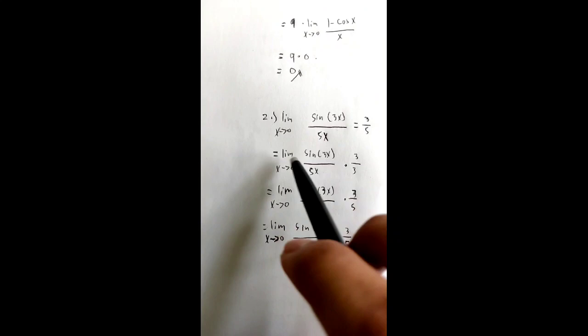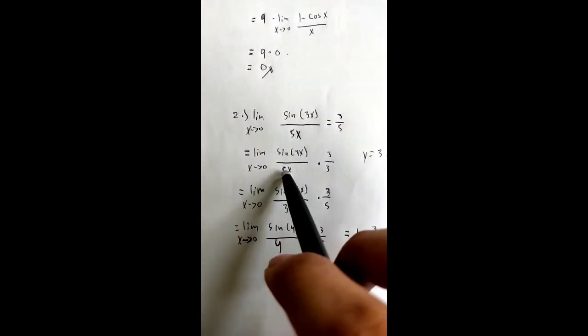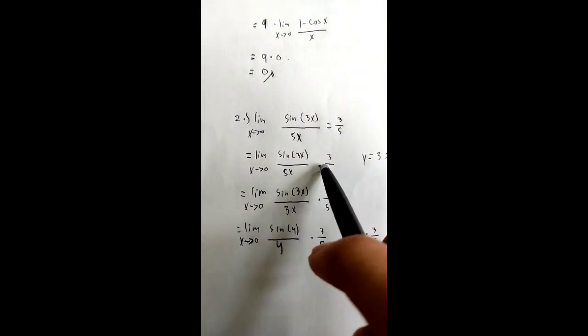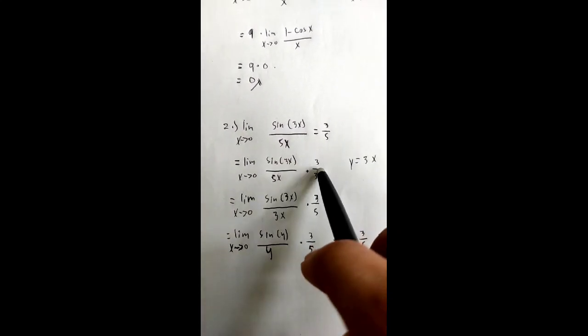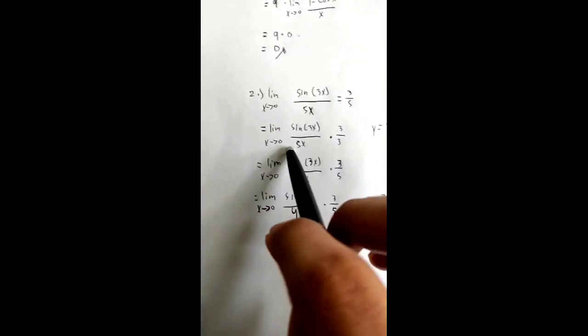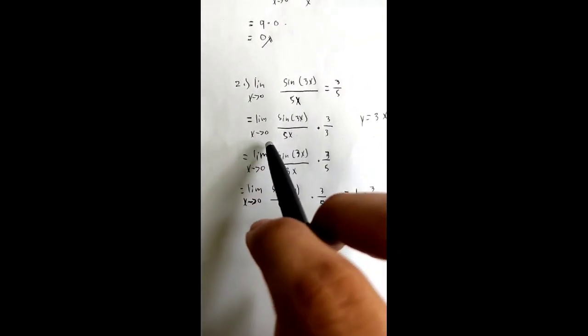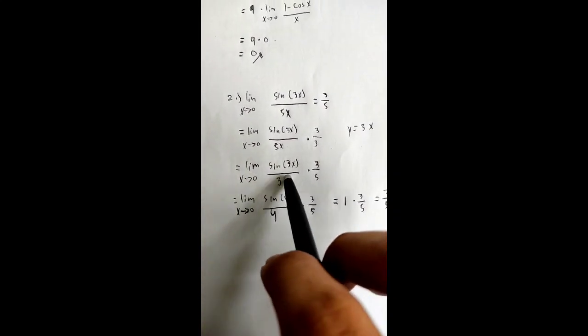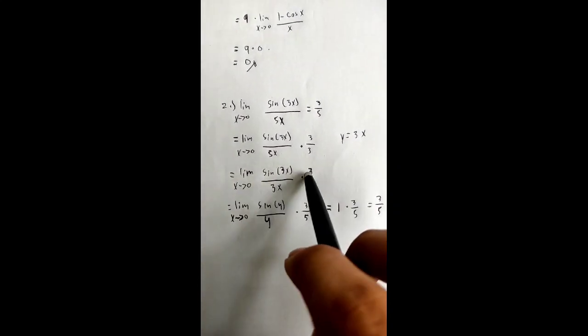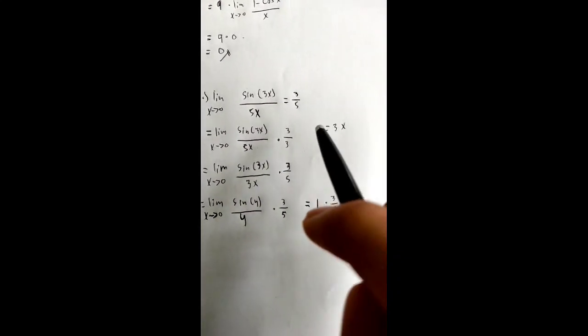So the limit as x approaches 0 of sine 3x all over 5x, we will multiply this by 3, because it's still the same as 5 times 3. And proceeding, it's the limit of sine 3x all over 3x as x approaches 0, times 3 over 5.